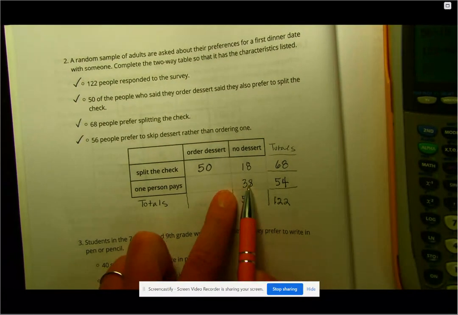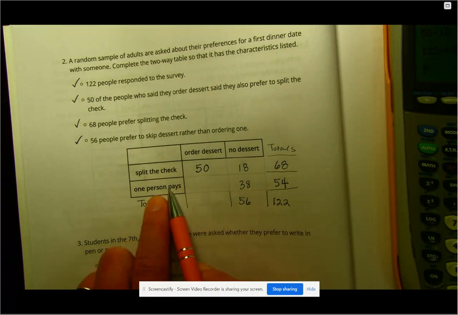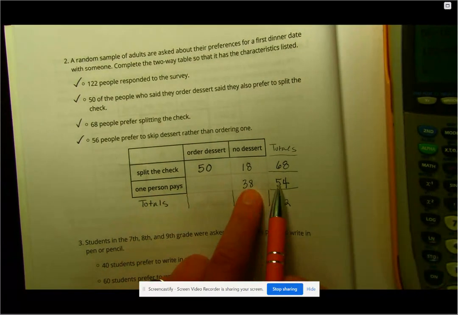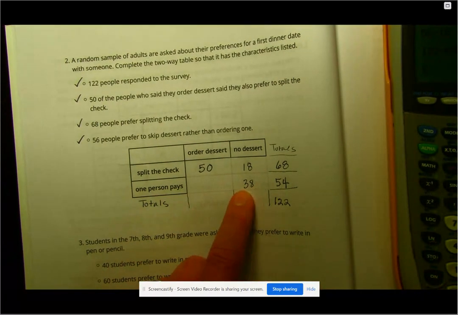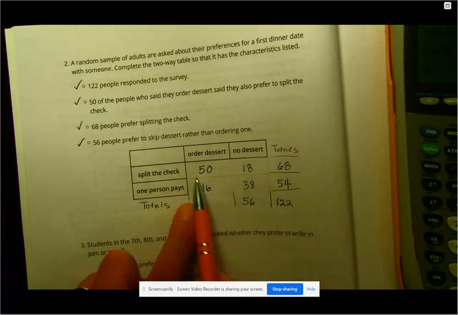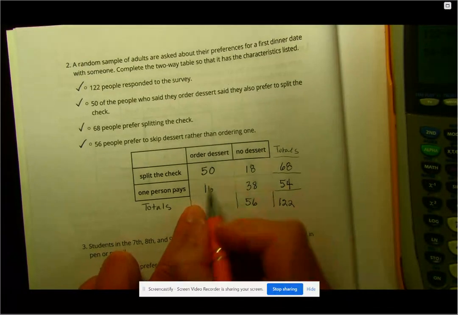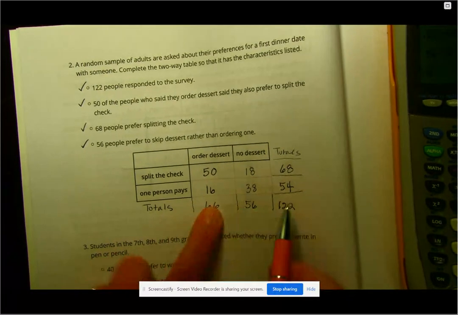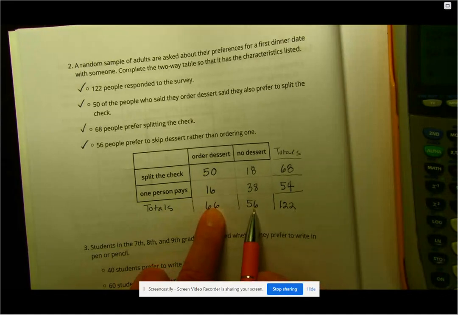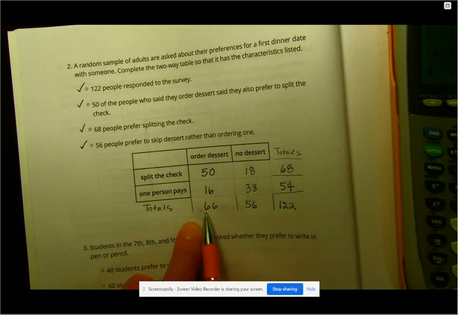That will now help us figure out how many people that order dessert prefer that one person pays. So you're going to just take 54 minus 38. And then down here, you could either add and get 66, or take 122 minus 56 and get the 66 here.